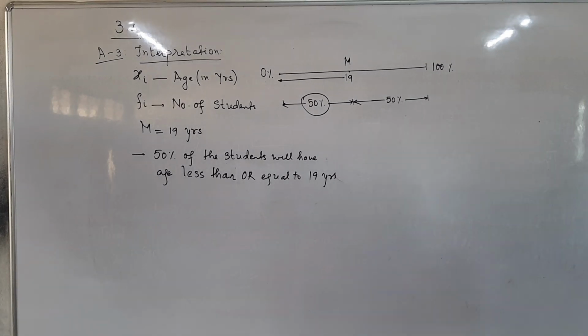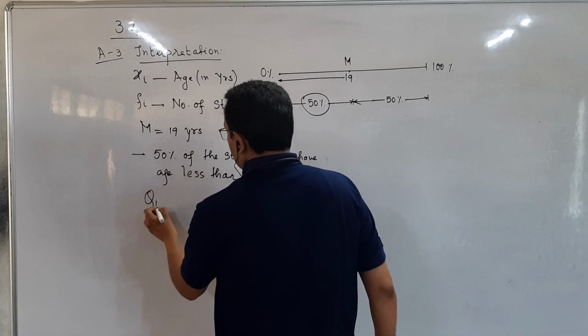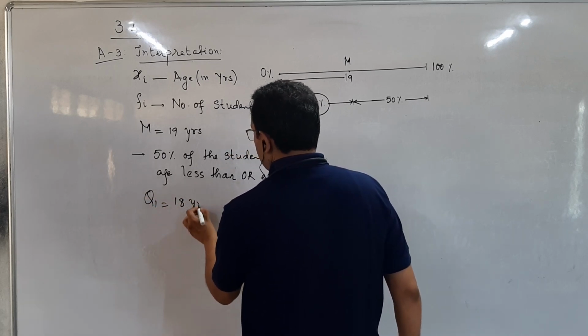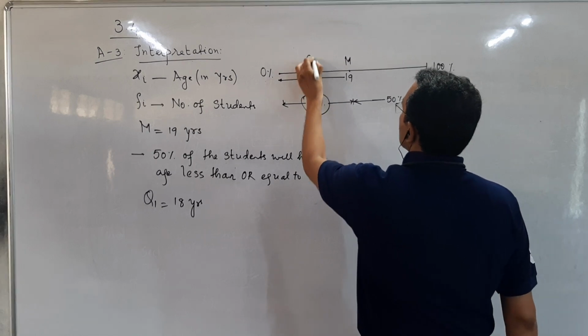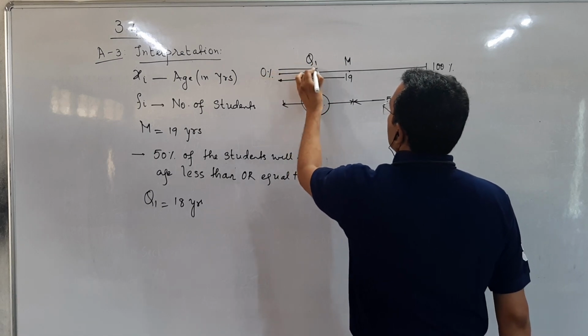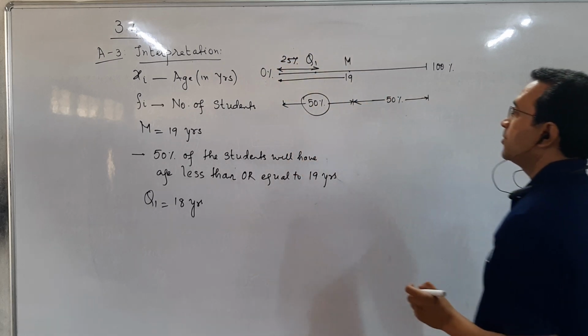Now second is Q1, and Q1 was 18 years. Now all of you know, say here it is Q1. Now the number of observations less than or equal to Q1 are 25%.